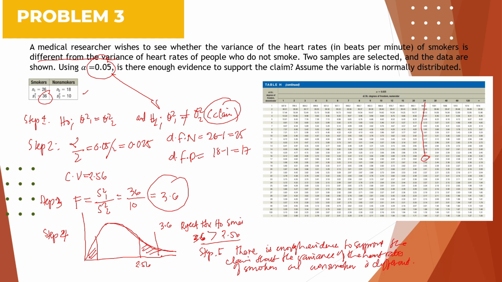So that's it on how to solve problem number 3.